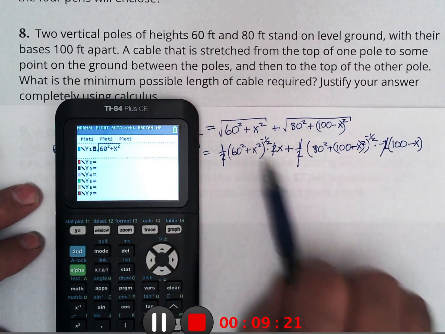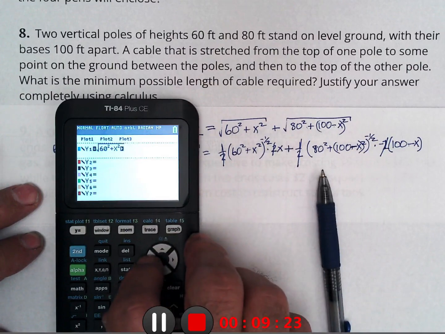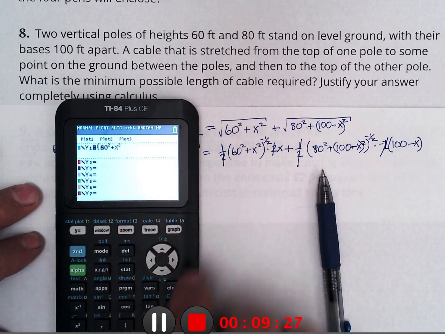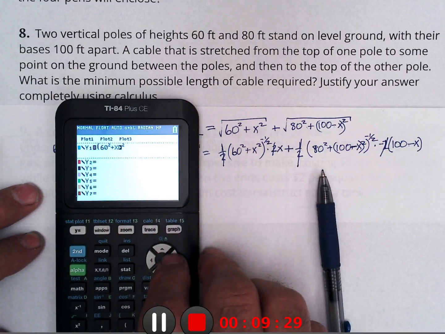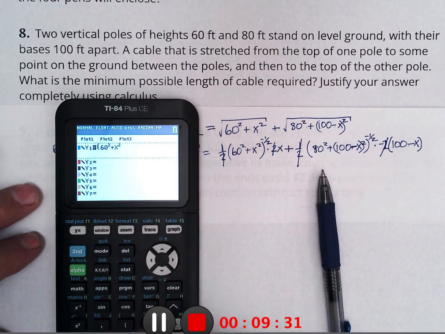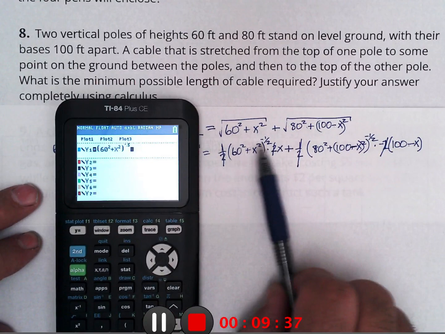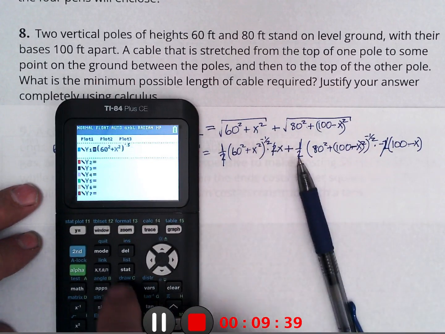So instead of doing square root, I'm going to go parenthesis, close parenthesis to the negative 0.5 times X. So that's the first part.